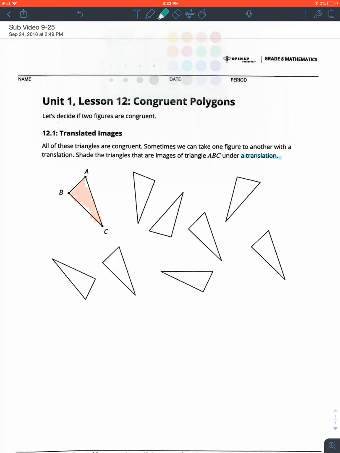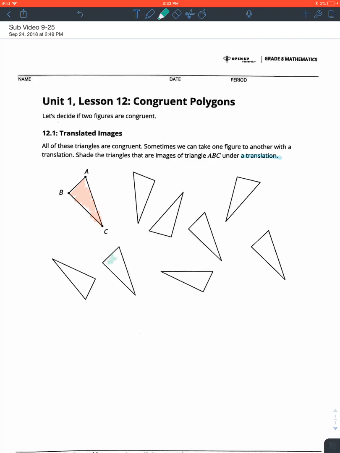Hopefully you are aware of what a translation is. A translation is a slide or a shift within the coordinate plane, and a translation is one of our rigid transformations that creates congruent figures. So there are three triangles here that are congruent polygons to triangle ABC.